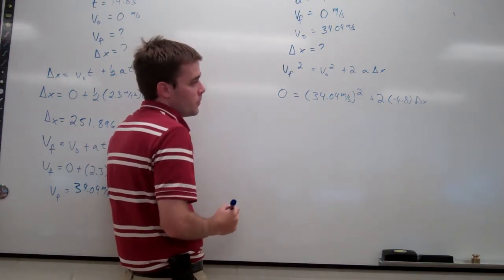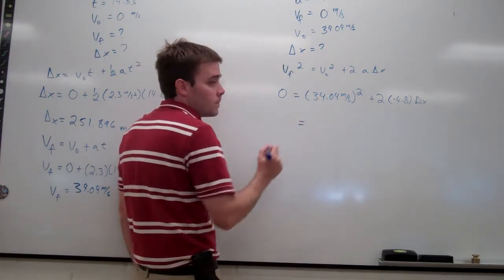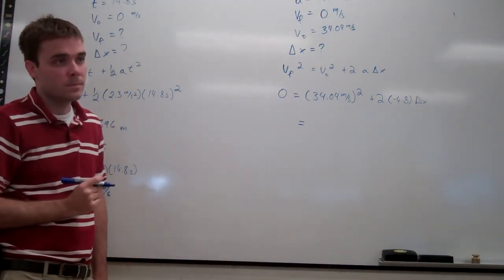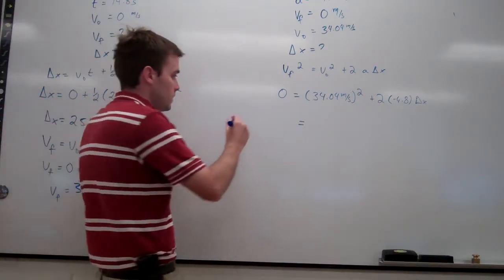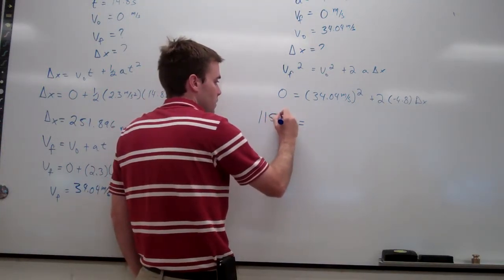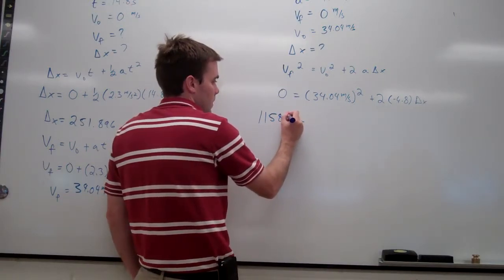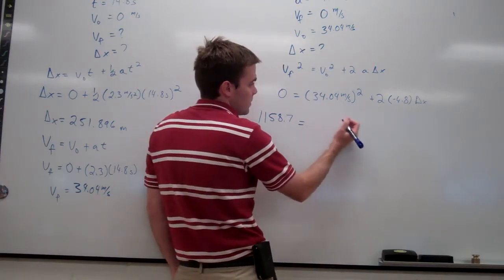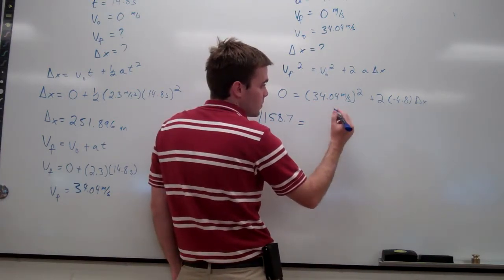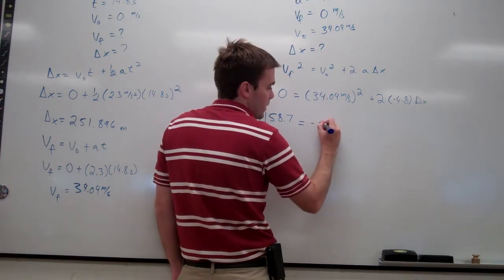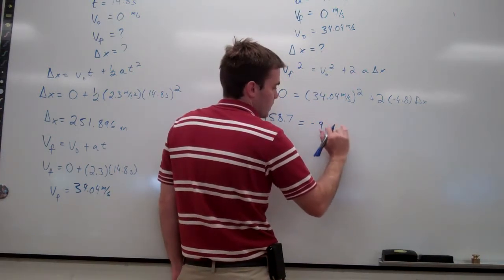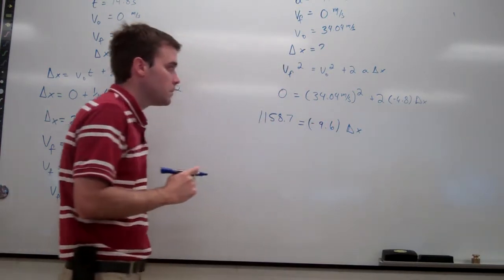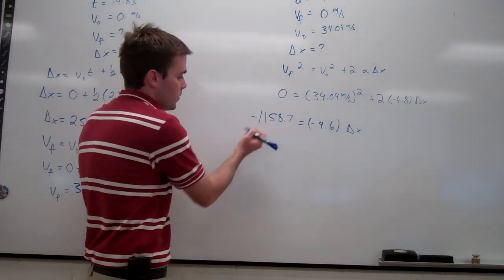So what's 34.04 squared? I'm going to bring it over to this side. 1,158.7216, or 7, that's fine. Use your round to the tens or hundreds place in here. I'm not overly concerned with sig figs usually. And we get 0 equals negative 9.6 times delta x. So divide, oh, this would be negative because I brought it over there.